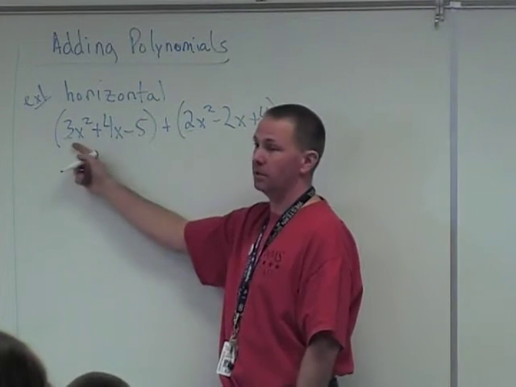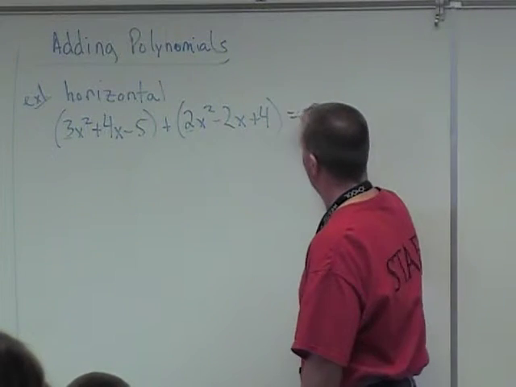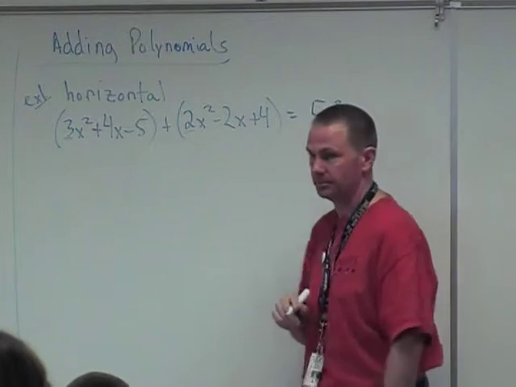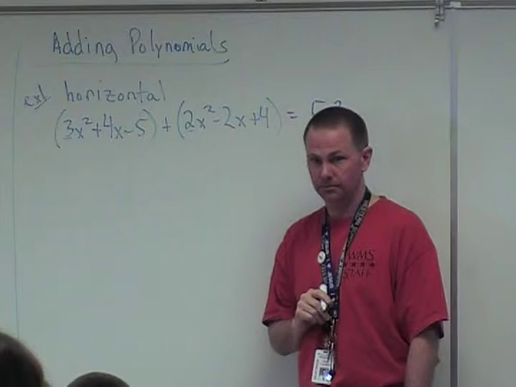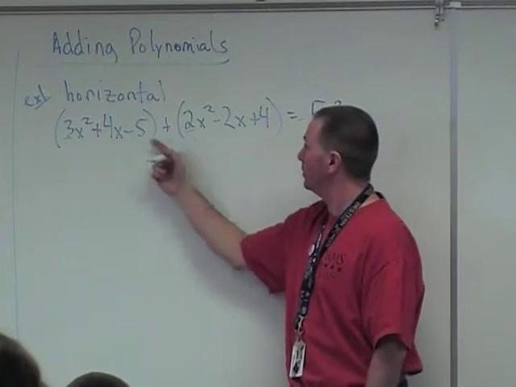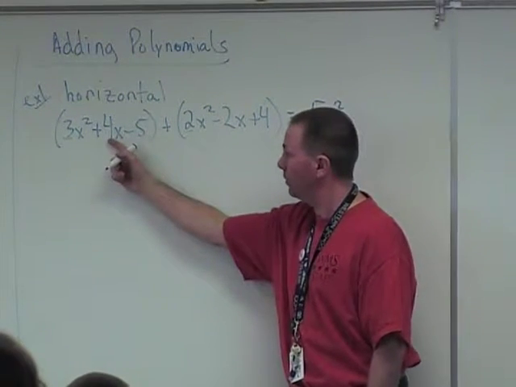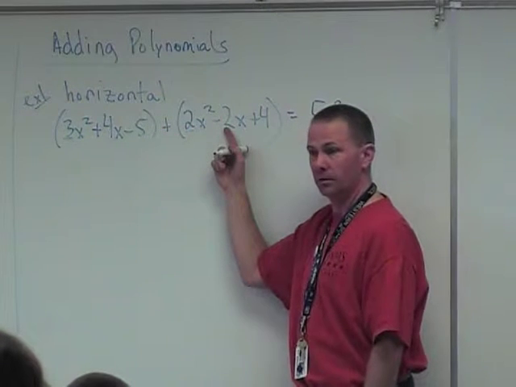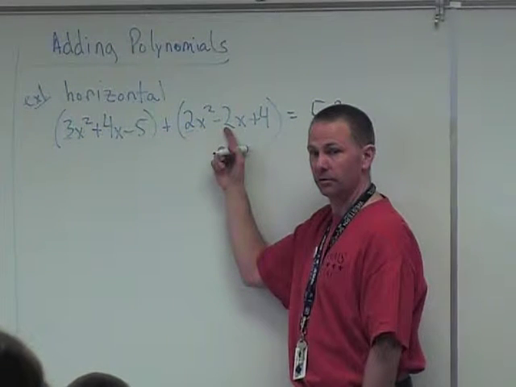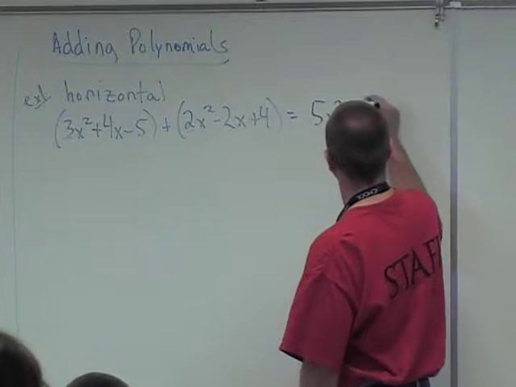So I have 3x squareds here and 2x squareds there. So I have 5x squareds altogether. Alright, then we have an x to the first here and x to the first there. So you take 4 plus negative 2. So you have a positive 2x.